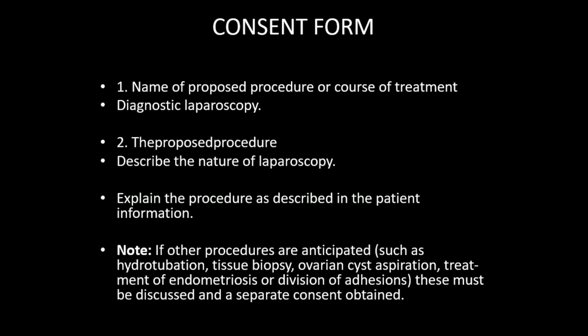If the patient is refusing laparotomy, you cannot proceed with laparoscopy. This is called additional procedure. For example, if you are taking a consent for instrumental delivery, you should add in the consent form possibility for emergency cesarean section. Okay, this is an additional procedure.